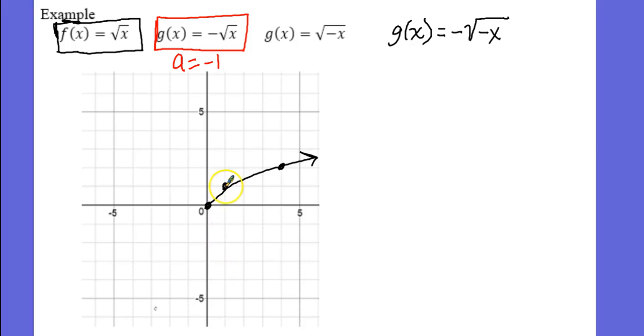So this point is going to flip down, upside down. This point is going to flip down. So it's down 2, down 2, down 1, down 1. And then replot. Oh, that's terrible. I'm going to do that again.